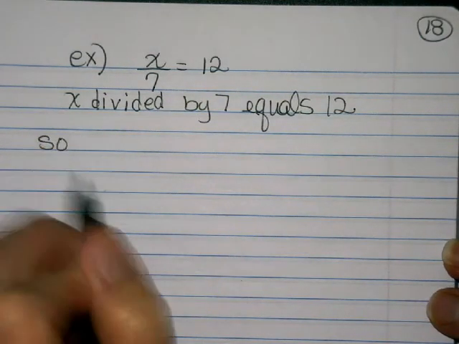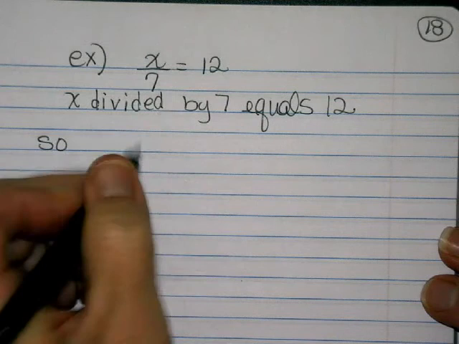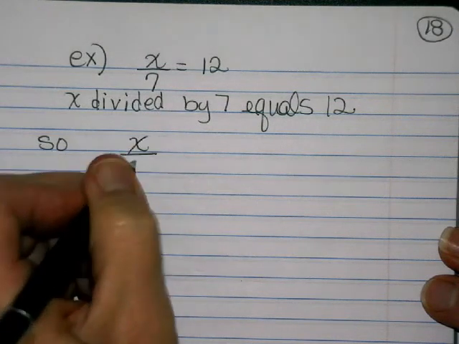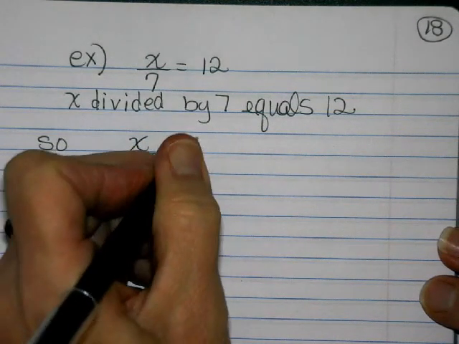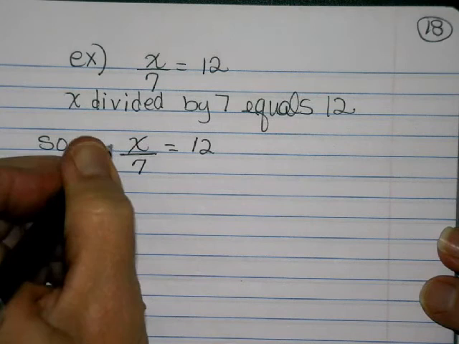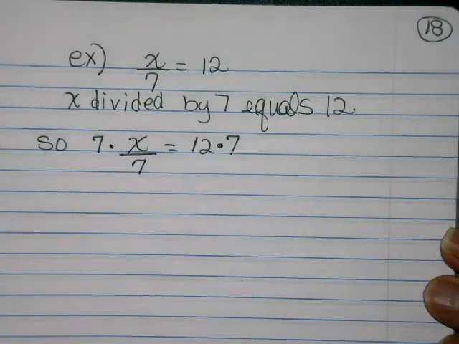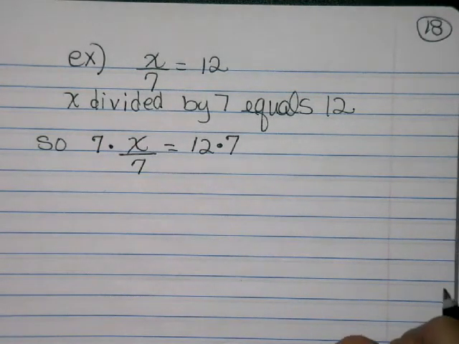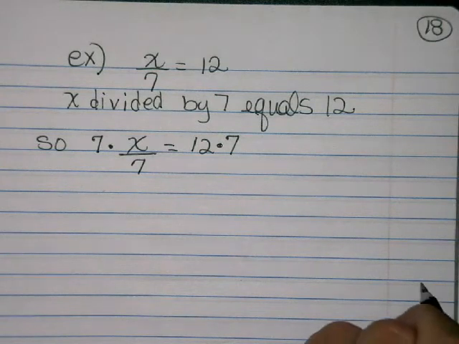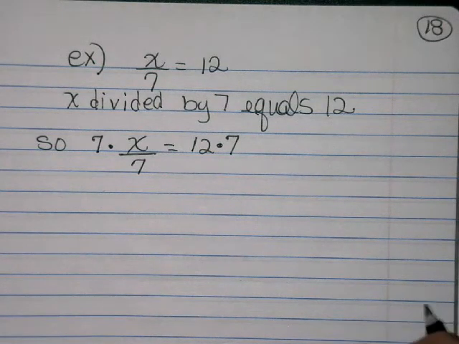Don't you just have to multiply 12 and 7 to get x? Yes, that's the fastest way. You multiply both sides by 7. You see the dot? Here's another symbol for multiplication. So multiplication has lots of symbols.